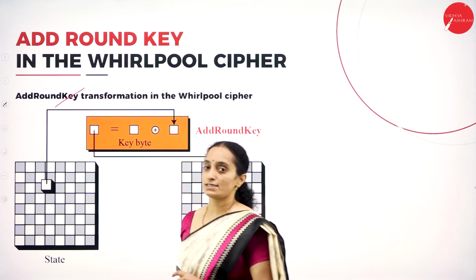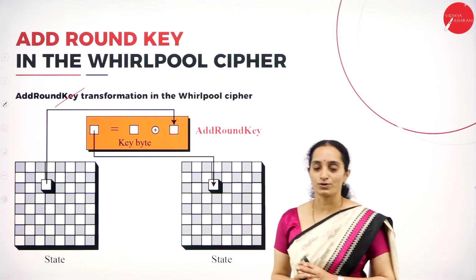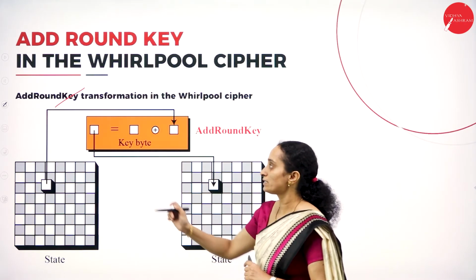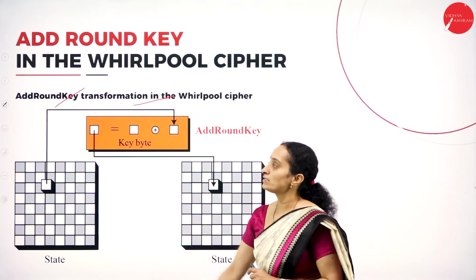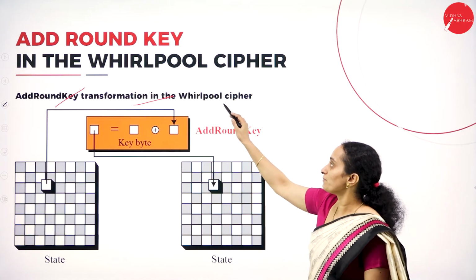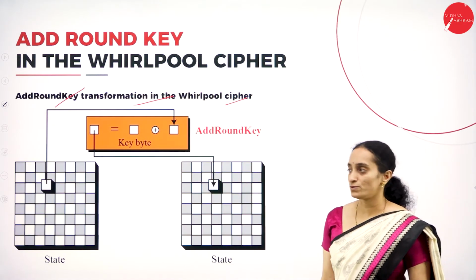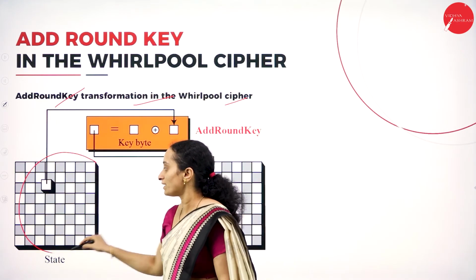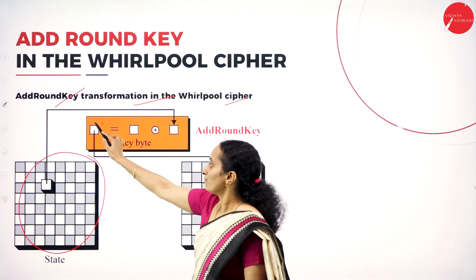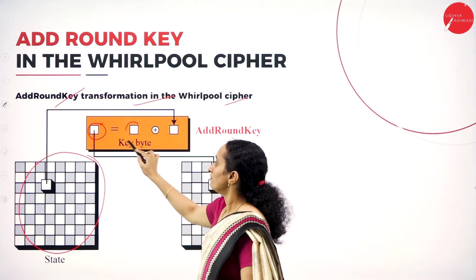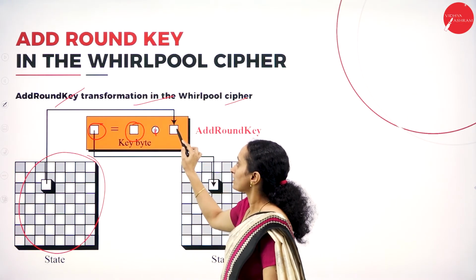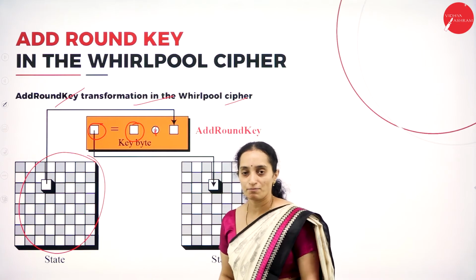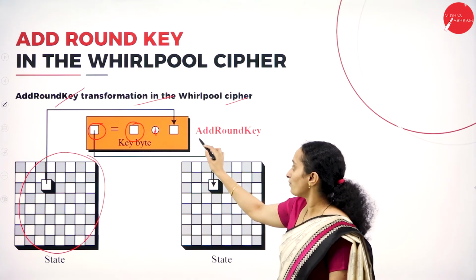The last step is to add the round key to get a message digest. We use the add round key transformation in the Whirlpool cipher. We use the key byte. There will be a state which is applied for each block. We get a key byte XORed with one of the bytes to get the add round key.